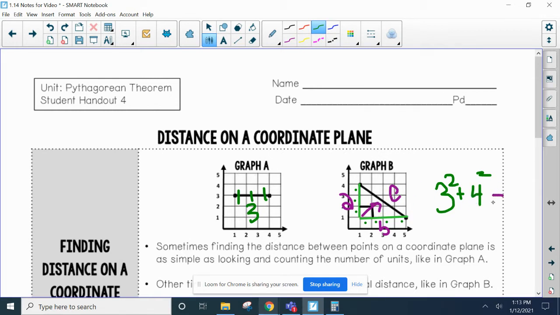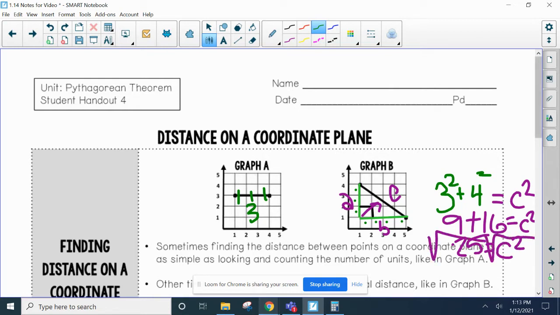So it's 3 squared plus 4 squared, which gives me c squared. So 9 plus 16 equals c squared, and 9 plus 16 is 25. With 25 being c squared, we take the square root of both sides and get that our missing length is 5.